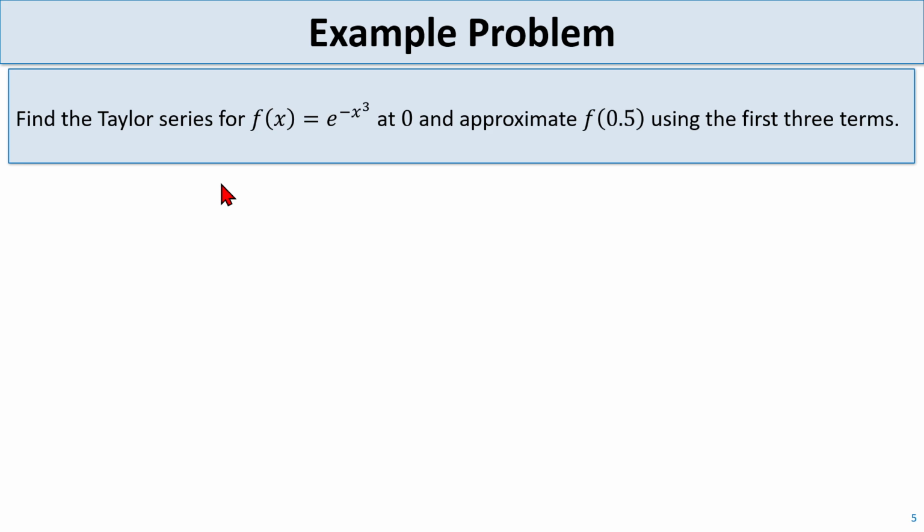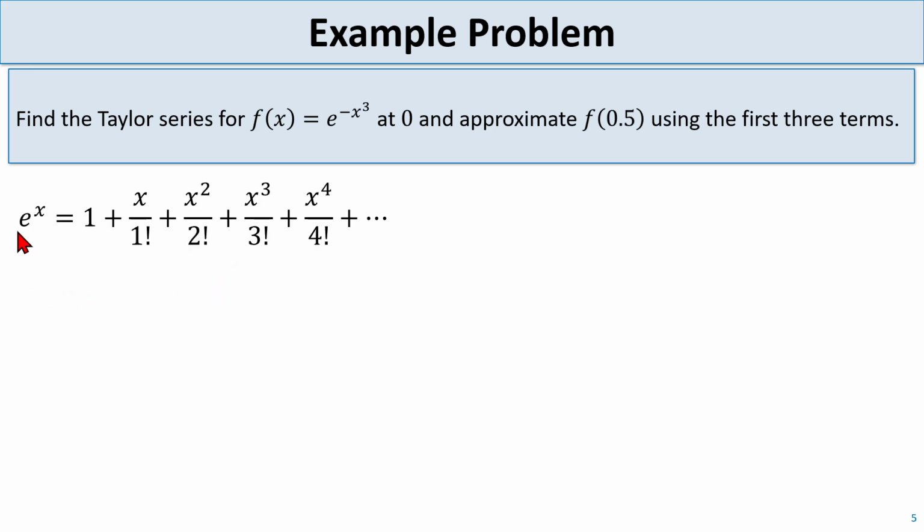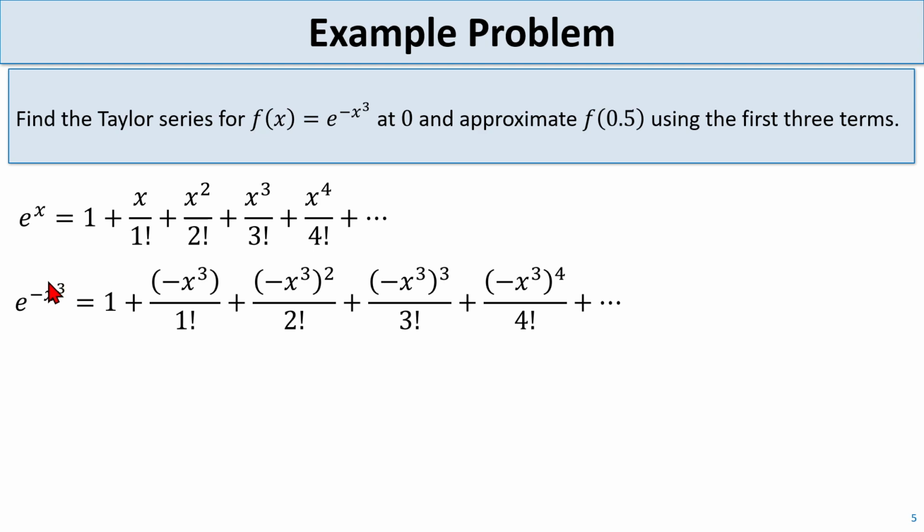However, it's actually going to be simpler to use our existing expansion for e to the x. And when we want to look at e to the negative x cubed, all we need to do is replace every single x that appears in this formula with negative x cubed. So this x turned into negative x cubed. This one turned into negative x cubed. It gets squared, etc.